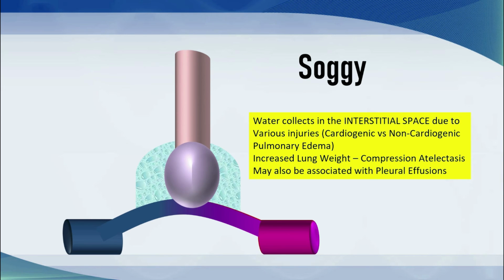This can happen with cardiogenic pulmonary edema associated with diastolic heart failure or non-cardiogenic pulmonary edema, an example of which would be ARDS. There is increased lung weight, and as a result there is a significant amount of compression atelectasis, but there's also redistribution of blood flow within the lungs.